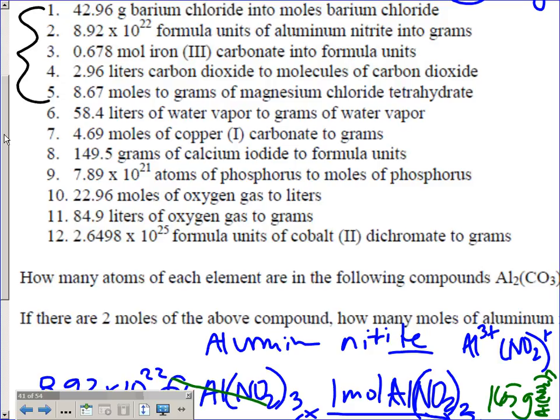I'm gonna go to 6. I'm gonna do the multi-step ones because I can get the most out of those.